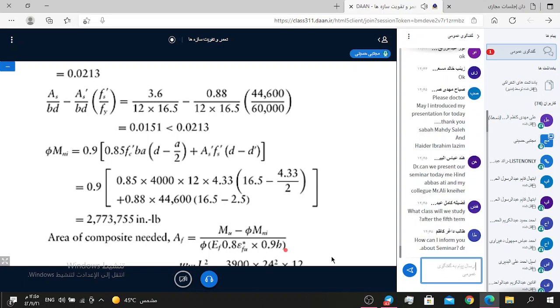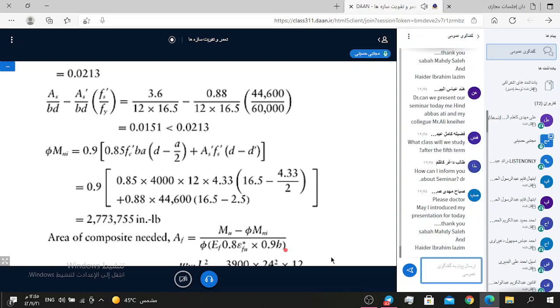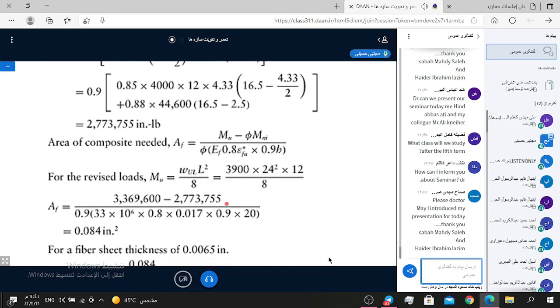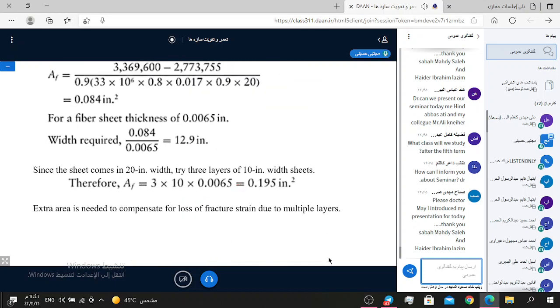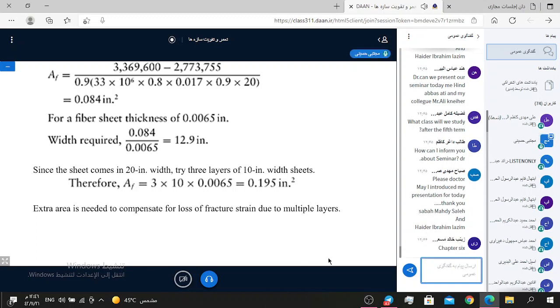What class will we study after the term? What class? What is the meaning of this sentence? I don't know. Okay, this chapter I introduce one book for you.